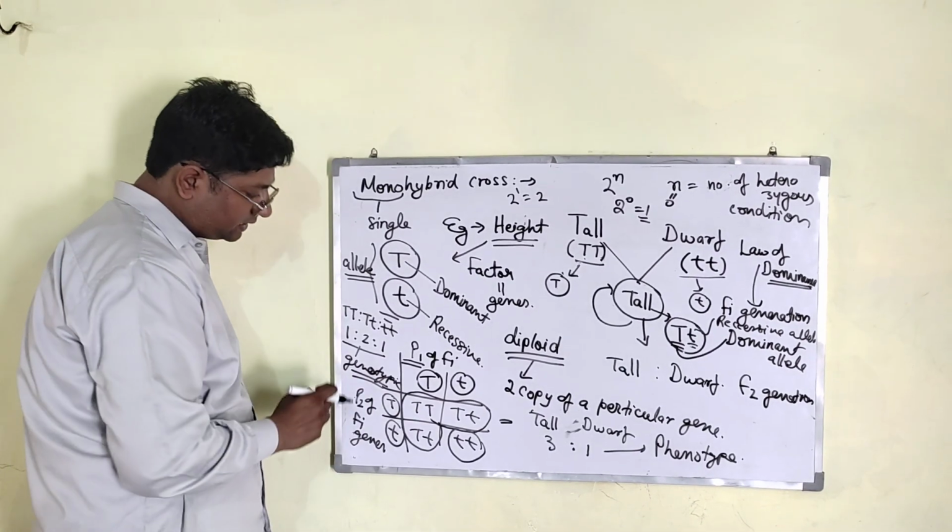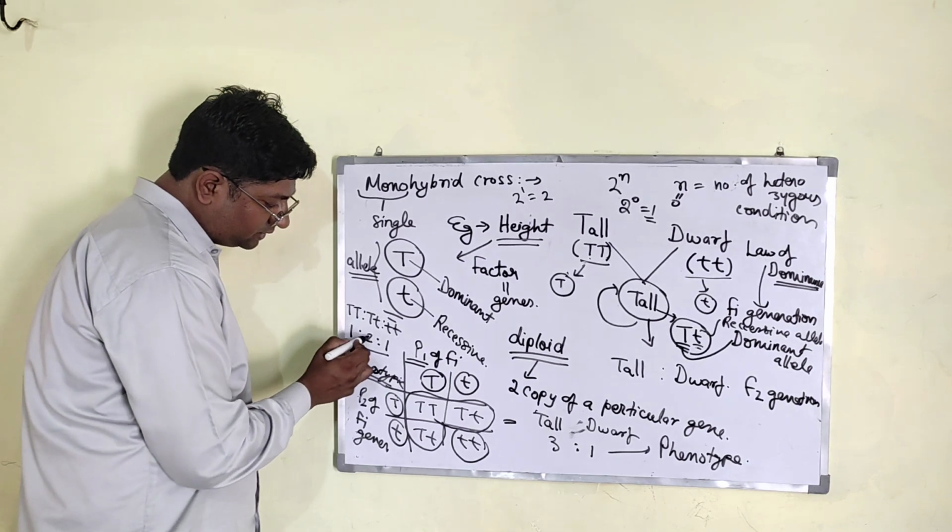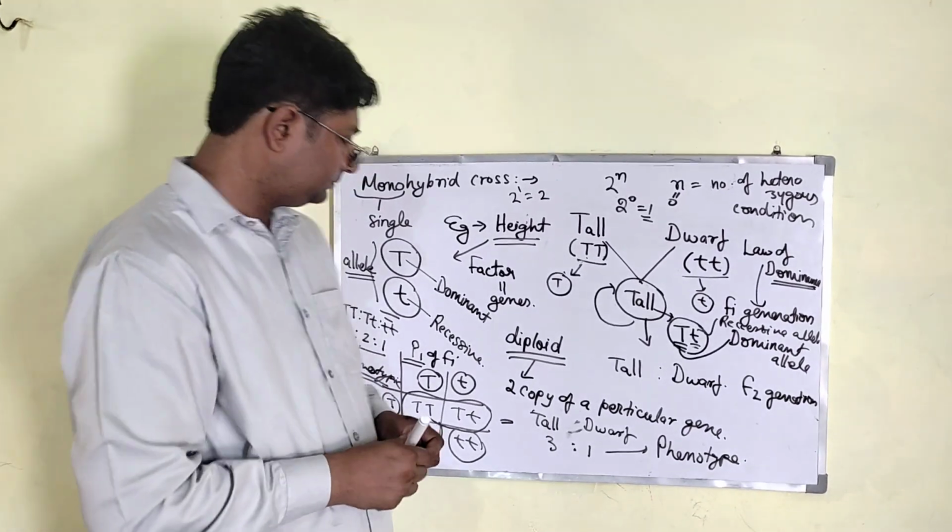Genotypic ratio means their genetic makeup. Their genetic makeup ratio is 1:2:1.